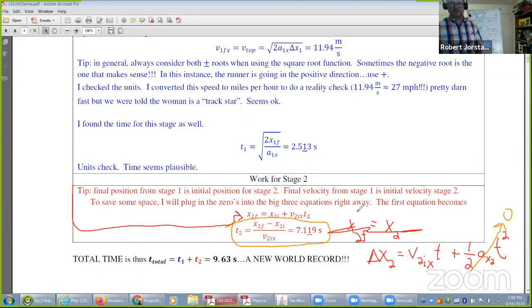I just solved it, right? So you could see that, and I should be careful. This is not t, it's t2, right? And so you can get that t2 is equal to delta x2, which I think we said was 85 or something, over v2 initial x, which, remember, we said this was equal to the final velocity from stage 1, v1 final x.